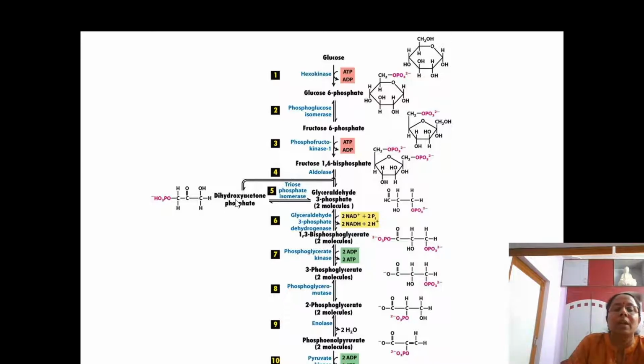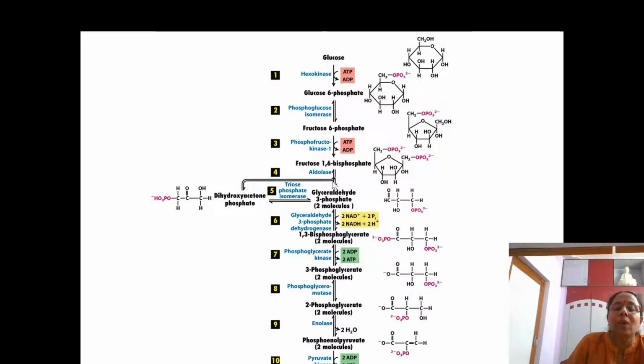One is dihydroxyacetone phosphate, abbreviated as DHAP, and the second one is glyceraldehyde 3-phosphate, with the help of an enzyme aldolase. So aldolase is the enzyme which converts fructose 1,6 bisphosphate into 2 three-carbon compounds. They are DHAP, dihydroxyacetone phosphate, and G3P, that is glyceraldehyde 3-phosphate.